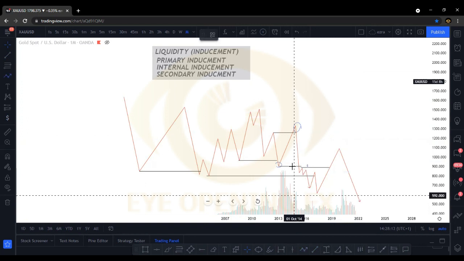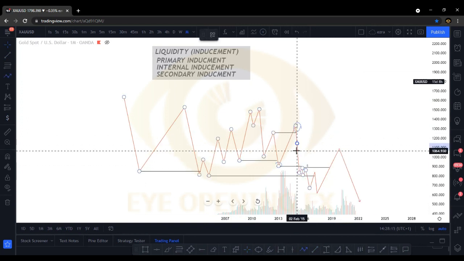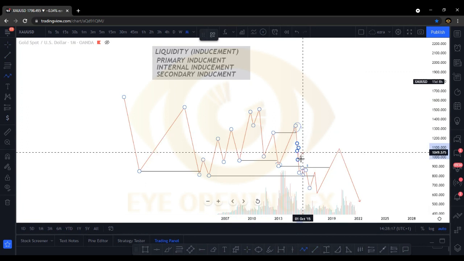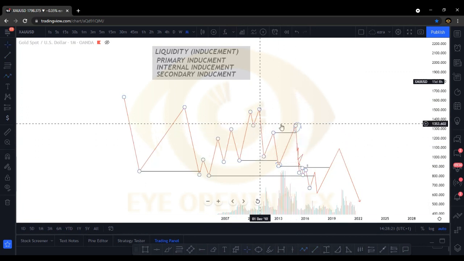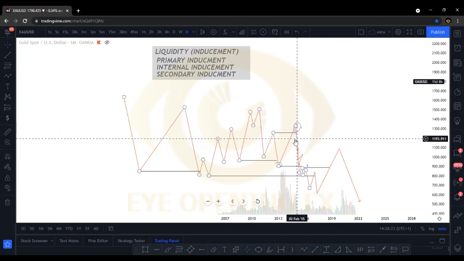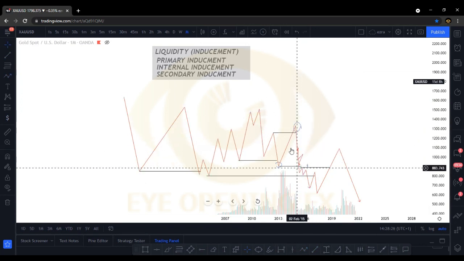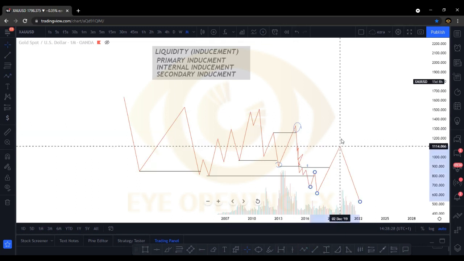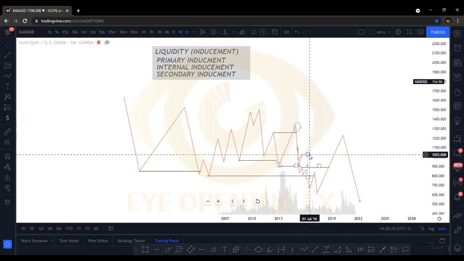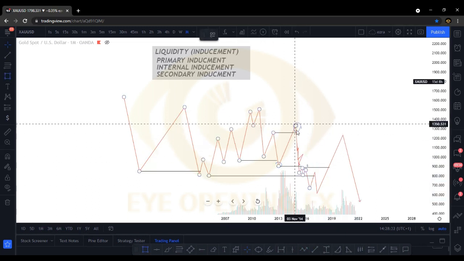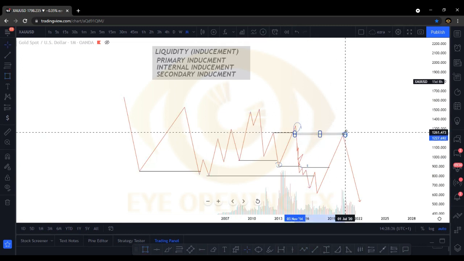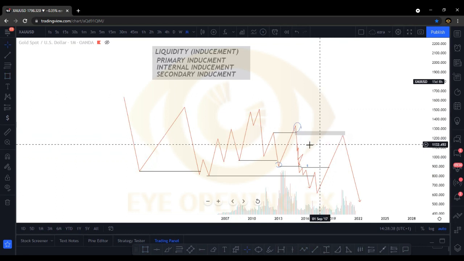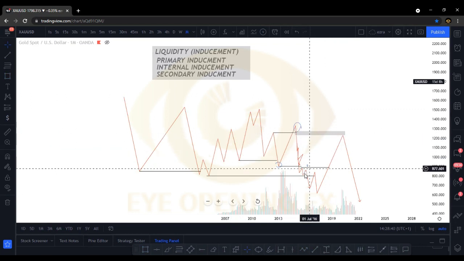Or if there's a little range structure within the body of this little move here, depending on how the market reads it, even if it reads it in terms of primary inducement within this lonely range only, up to the SC of this area, it is still what we call internal inducement. So the market uses the internal structure here to create a lower low.